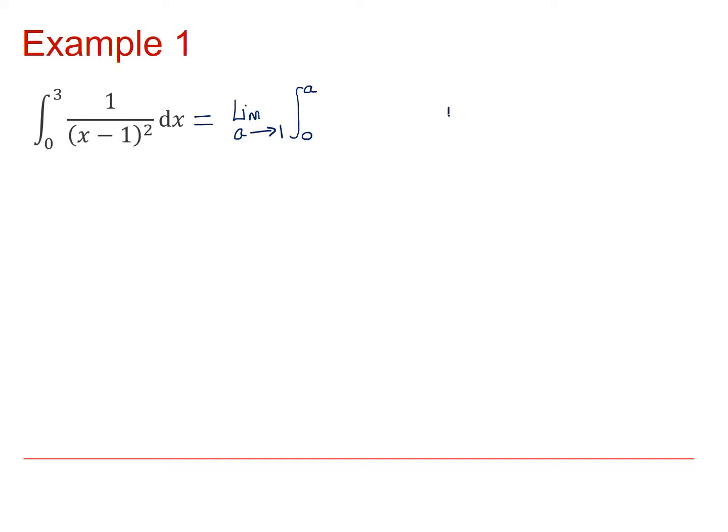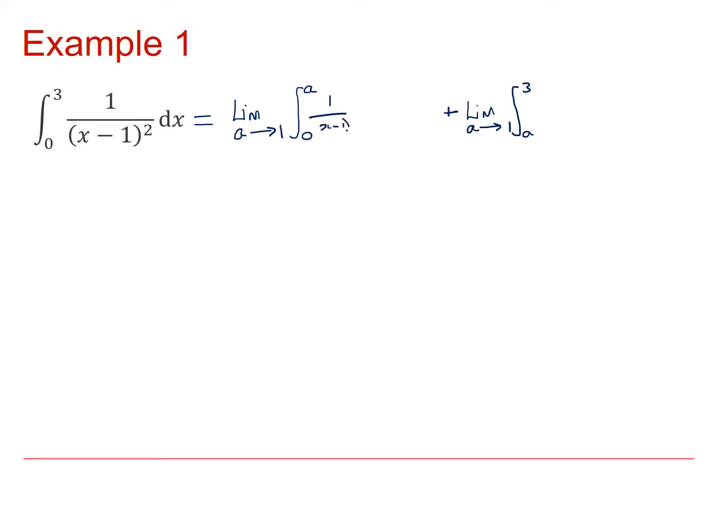And then I'm going to have a second part to this, which is also going to be an integral, but between a and 3, in other words, the rest of it. And again, looking at what happens as a tends to 1. Well, we'll just fill in the bits for that.